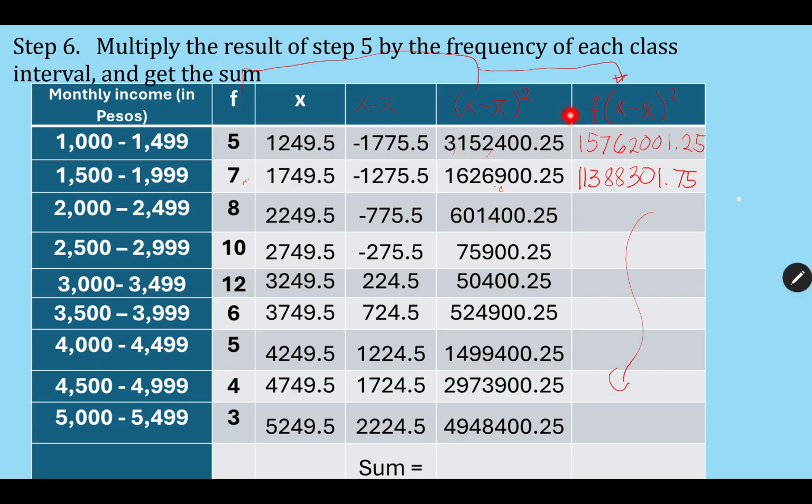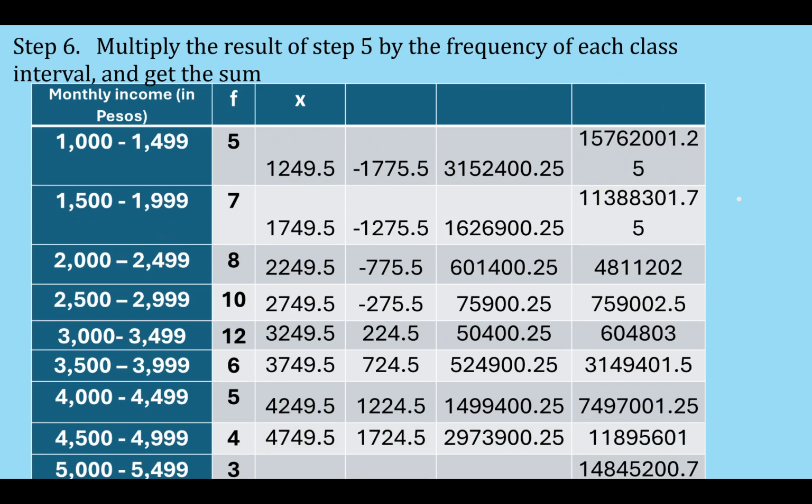And then for the last row, we will have 148,45,200.75. Now, when you have all the numbers, then you get the sum. So, the sum would be 70712515. Okay? So, here is the completed table.